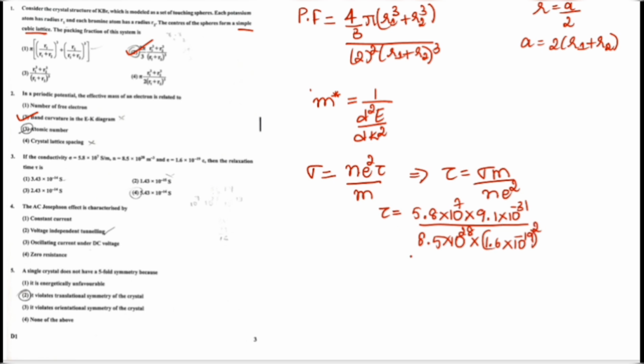If I solve everything, even the powers, I'll get my final answer, which is 2.42 into 10 to the power of minus 14.